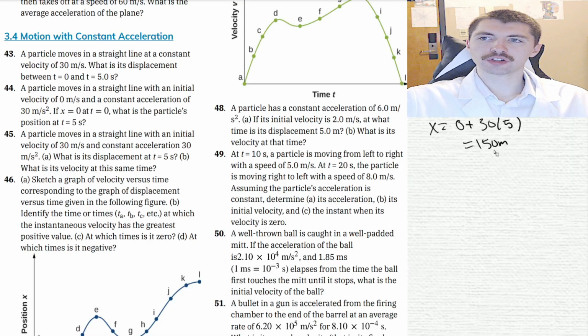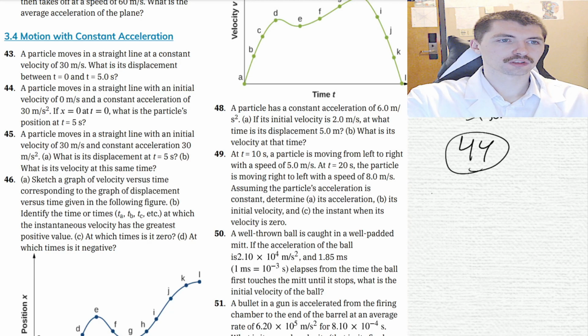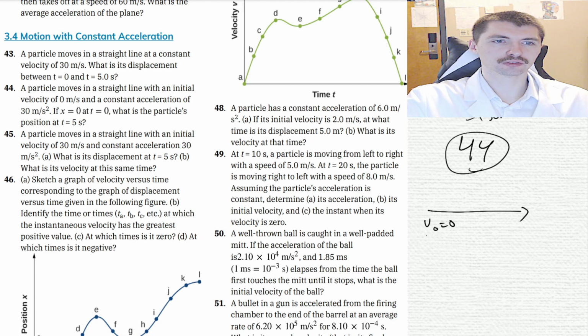All right, 44. Particle moves in a straight line. V naught equals 0. It's moving 30 meters per second.